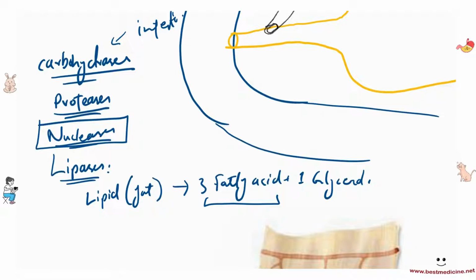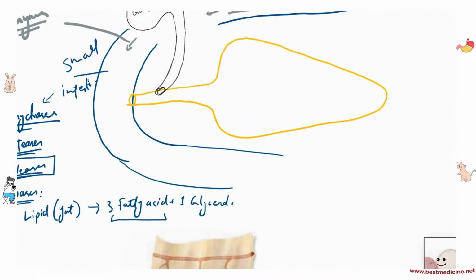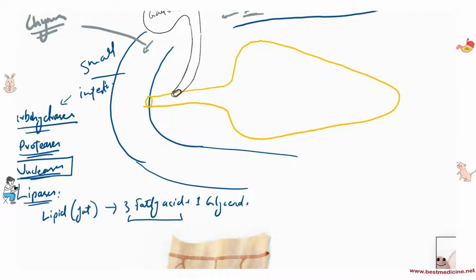Now, let's talk about the pancreas. What is the pancreas's role in all of this? Well, the pancreas, apart from its endocrine function of being able to secrete insulin and glucagon, the function that we want to talk about today is that the pancreas is able to secrete pancreatic enzymes.